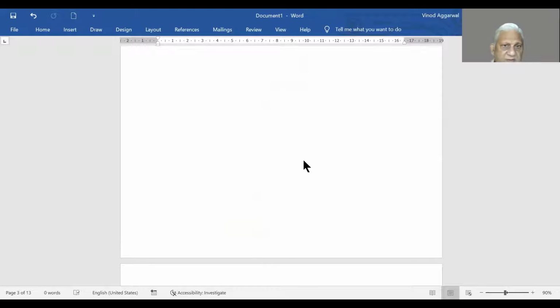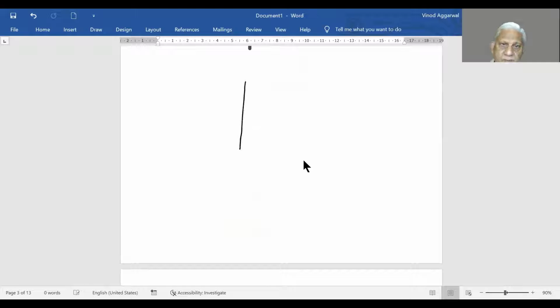But what if we take a very long conductor carrying current I, and there is a point P which is at perpendicular distance D? Do we know what will be the magnitude of the magnetic field here?